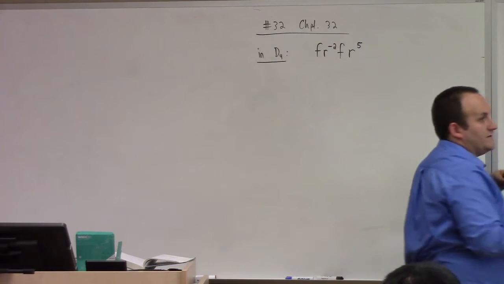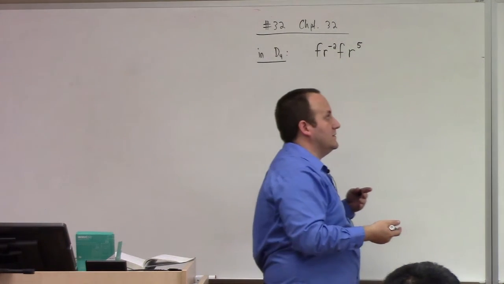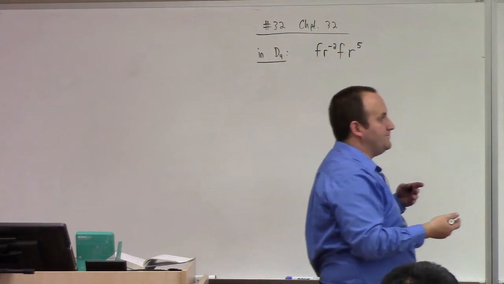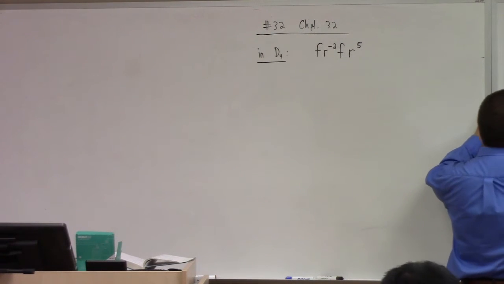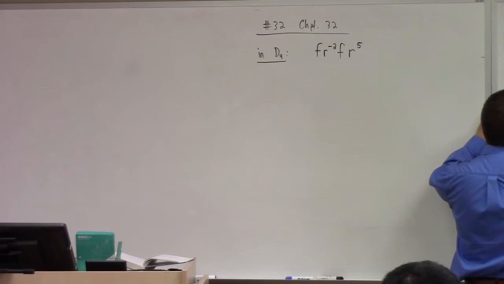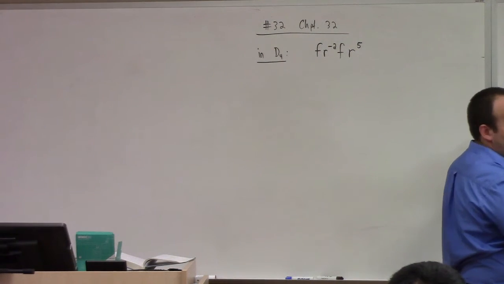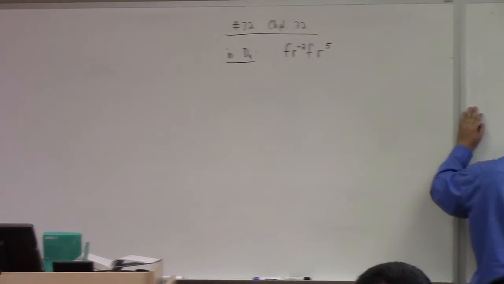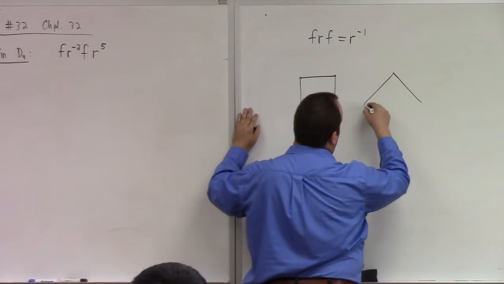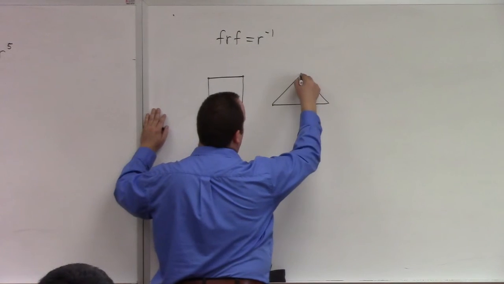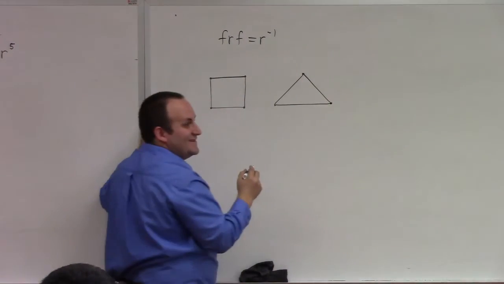Now, I showed you guys how that worked in class. Let me just show you what's going on here. For a square, what are the reflections that you can talk about, versus a triangle? These two kind of show you the difference.